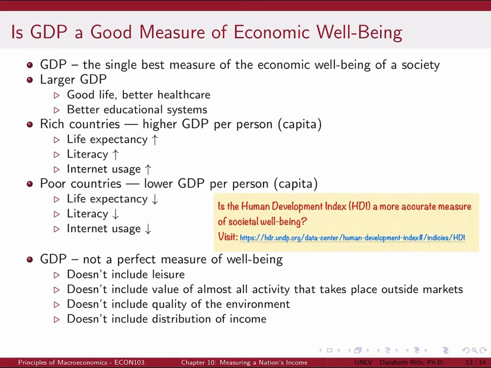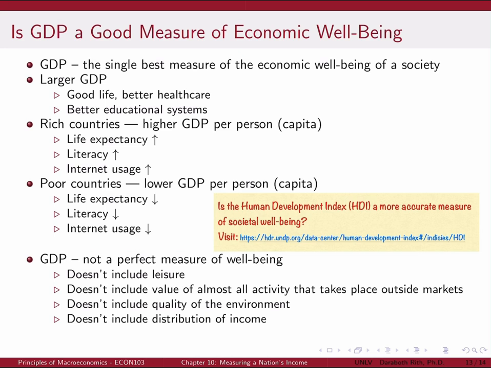Nevertheless, despite the advantages of GDP as an economic measure, it is not without its limitations. GDP does not account for several critical aspects of well-being, such as leisure time, the value of non-market activities, environmental quality, and income distribution.